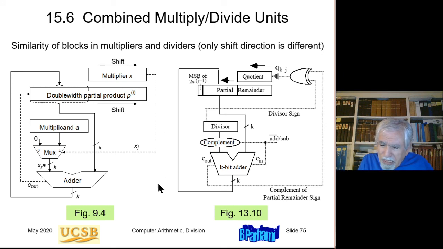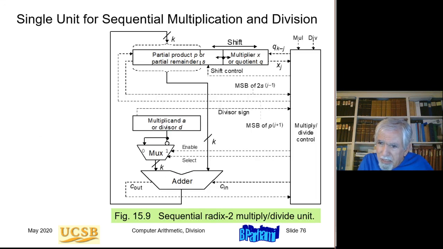So basically this gives us an idea to combine these two circuits into one universal circuit that can do both multiplication and division upon command. So the command goes into the control unit for this circuit that tells it whether to multiply or divide.